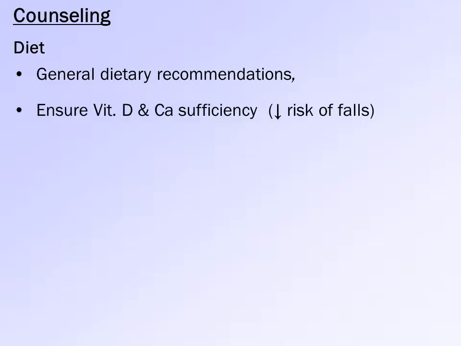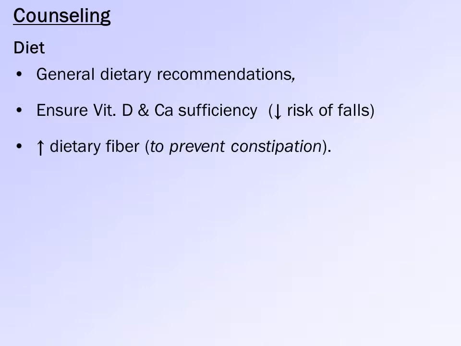For diet counseling, general dietary recommendations are as in adults, and ensure vitamin D and calcium sufficiency to decrease the risk of falls, and increase dietary fiber to prevent constipation.